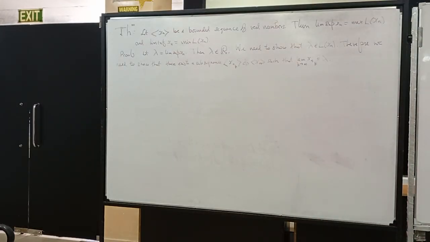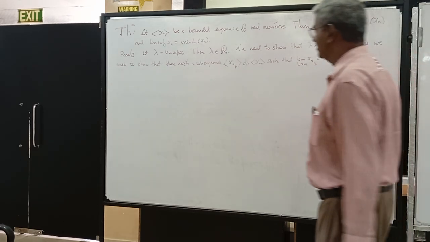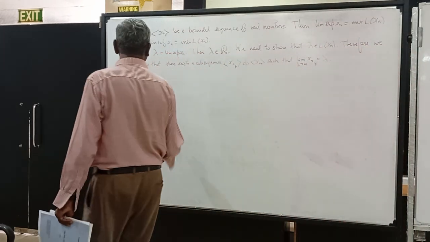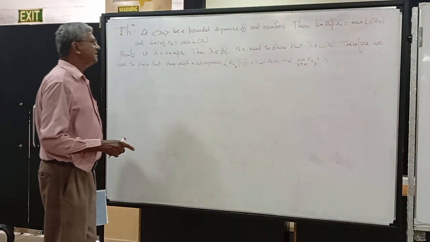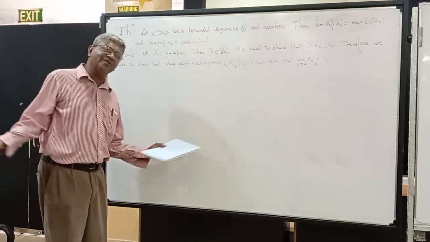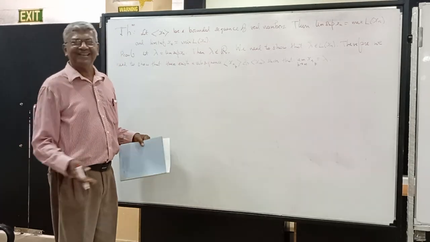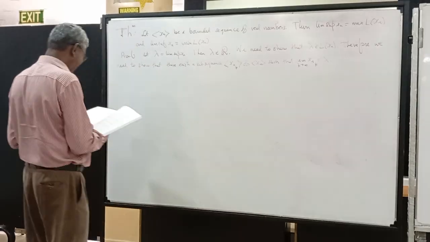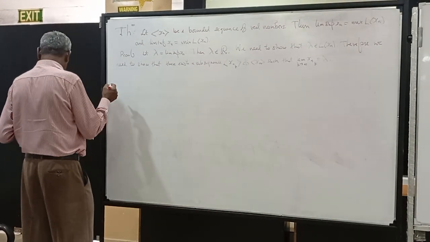I have to produce a sequence Xnk. As I told you, analysis is difficult. One reason is this thing, there exists. Nobody knows where it is, but we say there it is. Okay.